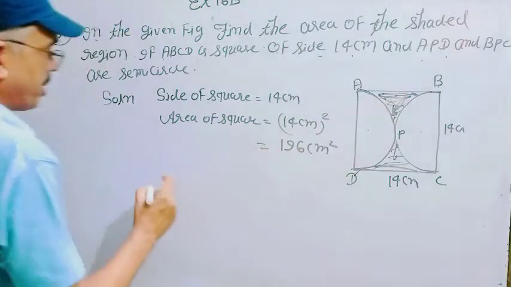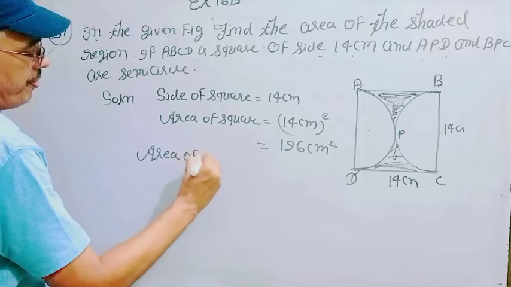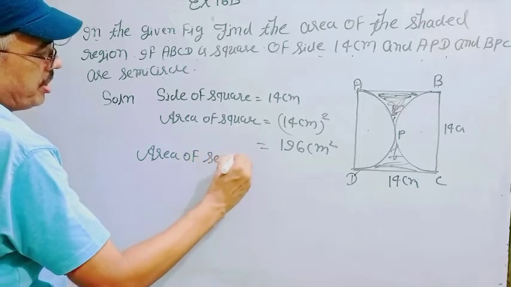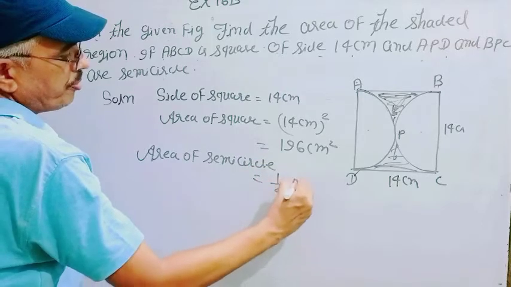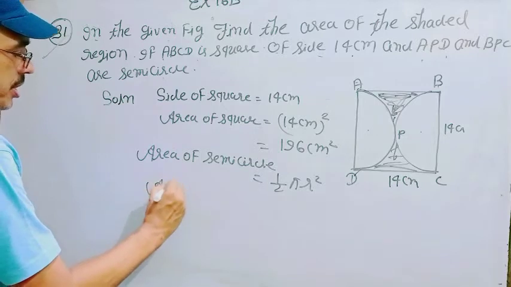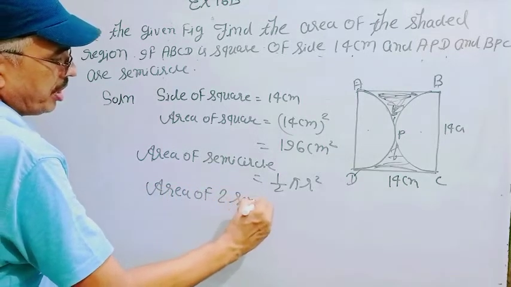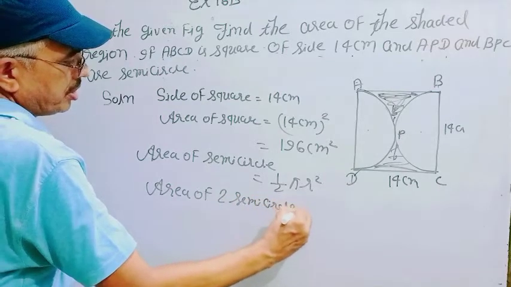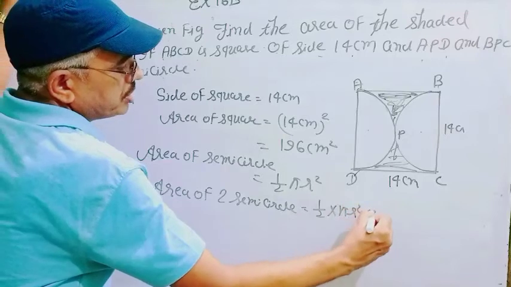After that, area of semicircle is equal to 1 by 2 pi r square, and area of two semicircles is equal to 1 by 2 pi r square into 2.